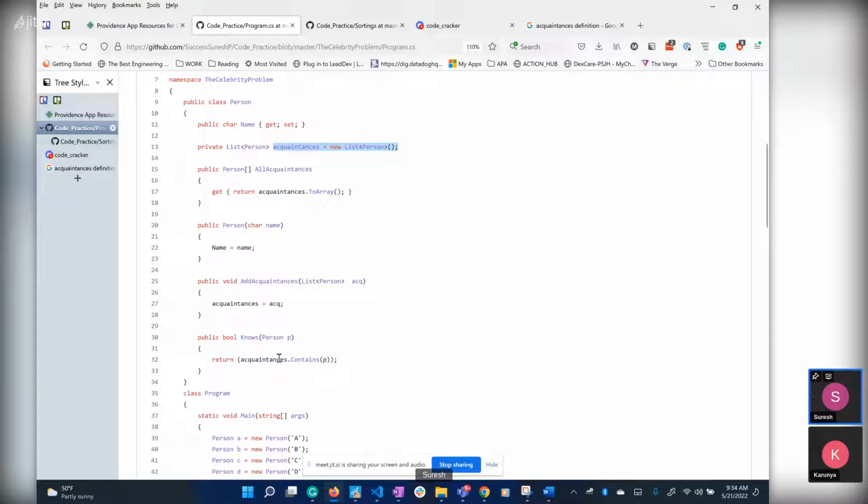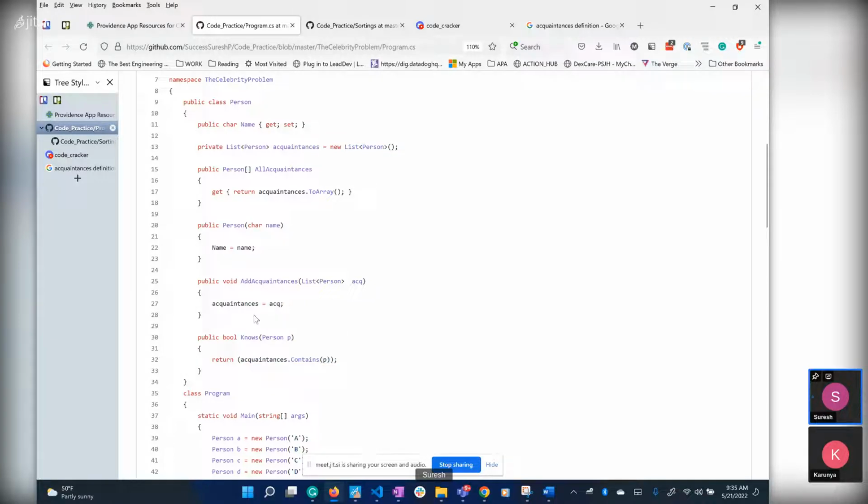Did you understand this function? Yes. For the person Suresh, the list of acquaintances has Modit, Aravind and Karunya. If you send Karunya, it will simply return true.